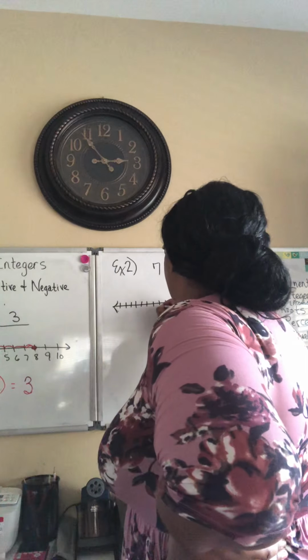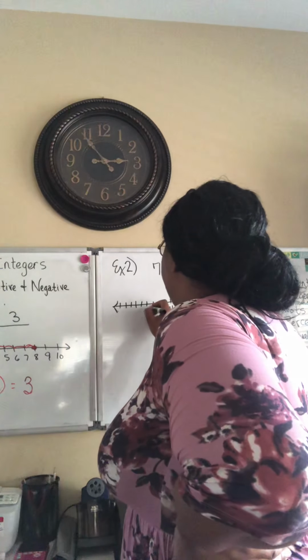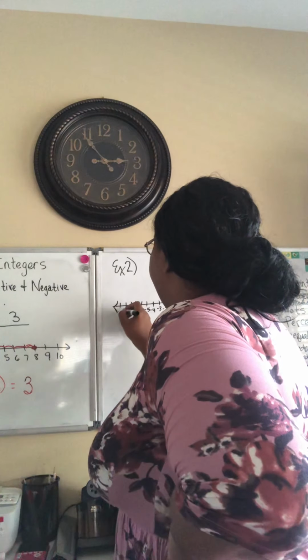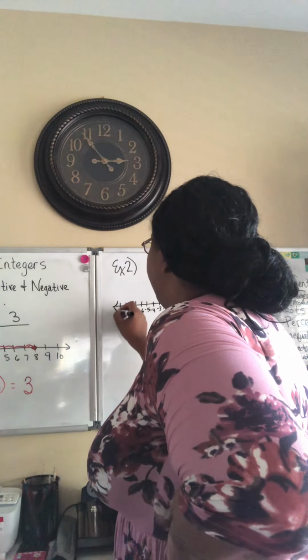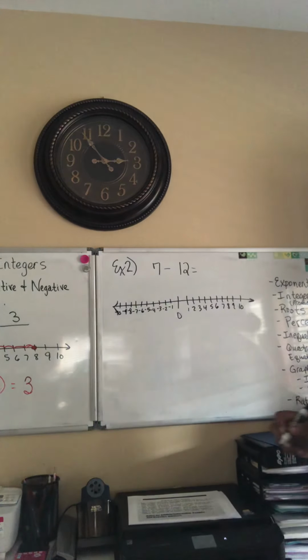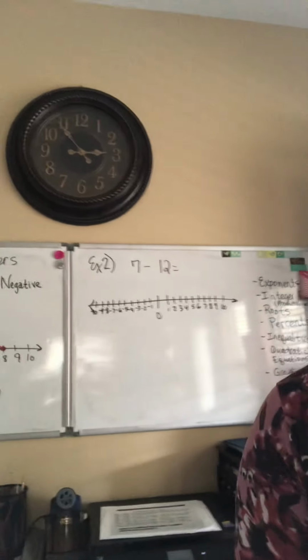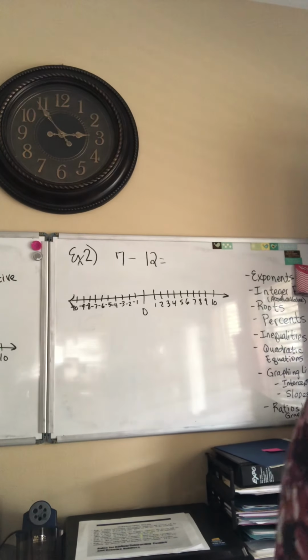Negative. Just bear with me. I'm probably blocking your view. I'm just drawing a number line here with 10 in each direction. Okay? All right. I'm going to pull this in a little so we can see.